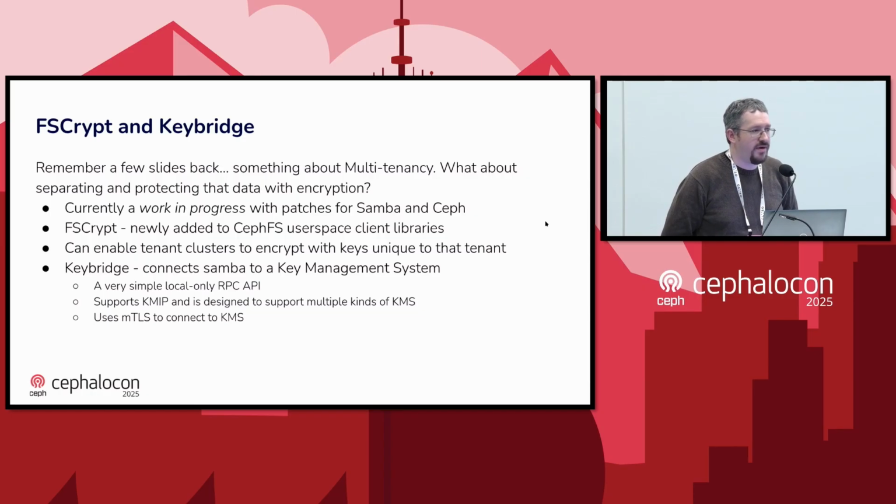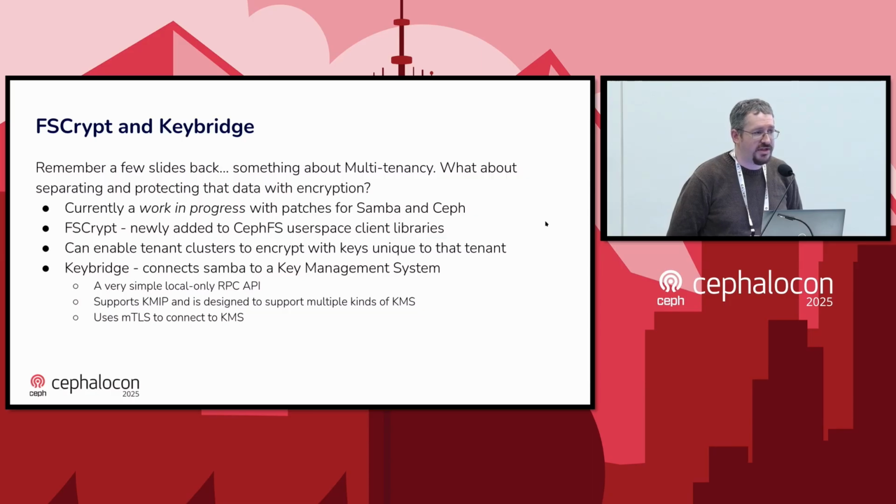Those keys, however, are not immediately available on the system. This is where the cloud integration comes in with a new sidecar called KeyBridge. KeyBridge is designed to be generic and a connector between SMBD and the outside world. SMBD and KeyBridge talk over a very simple local key value-based RPC API using a library called varlink.